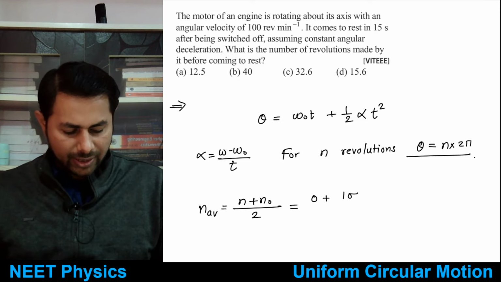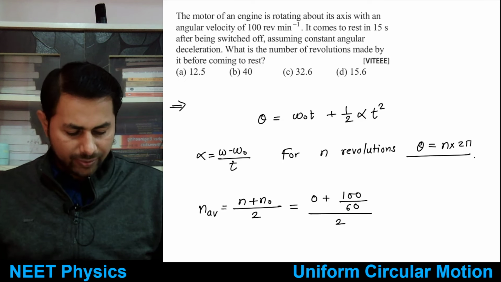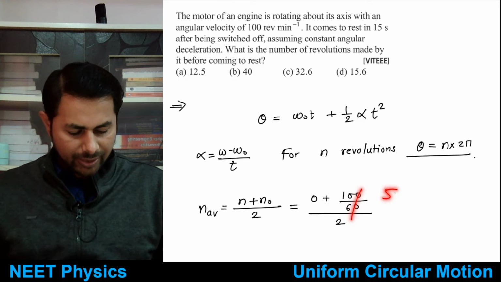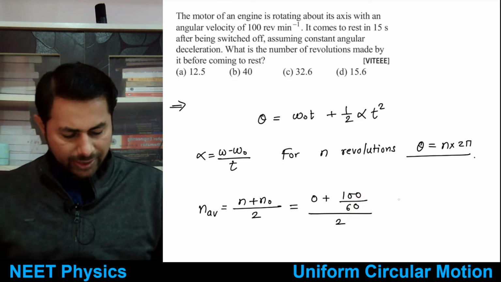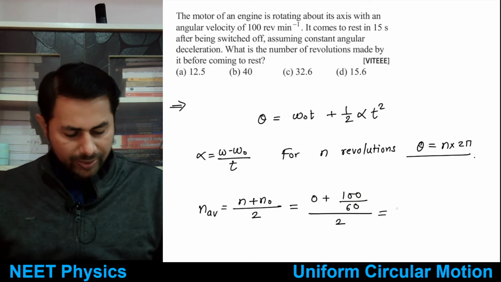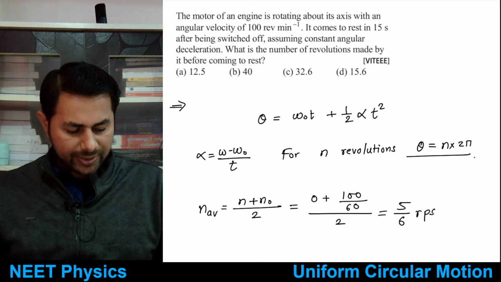That means 100 by 60 revolutions per second, divided by 2. So that is 10 by 6, which means 5 by 3, and the 2 in the denominator makes this 5 by 6. This is revolutions per second.